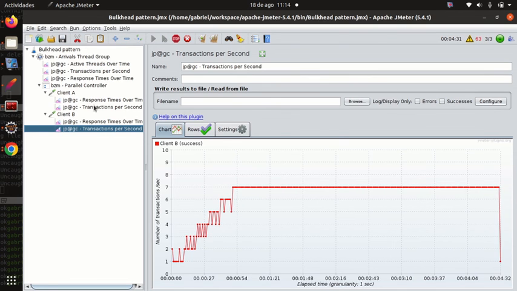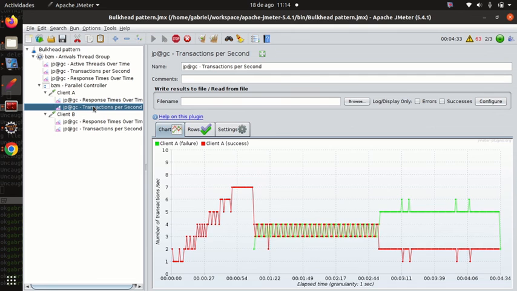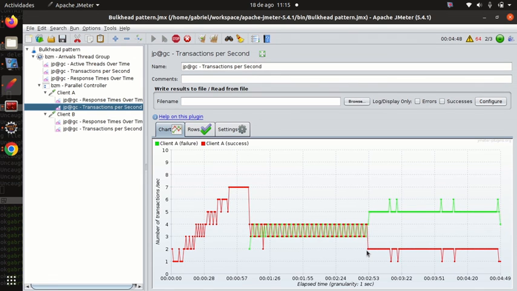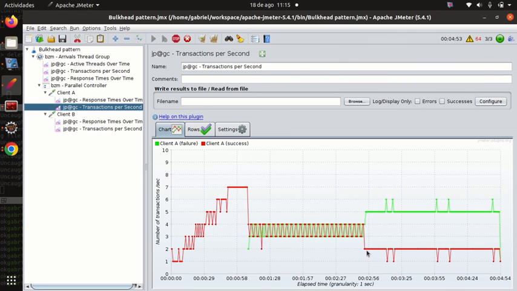Let's see the transactions per second on client A. Now, after the delay of 1 minute, the majority of transactions fail, but still the service is able to process a number of successful transactions.